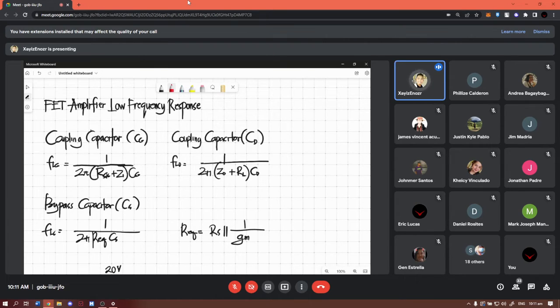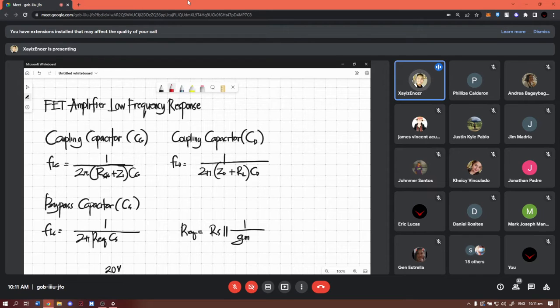To find the low frequency response for the capacitor at the gate, we have FLG = 1 over 2 pi multiplied by (Rsig plus Zin), where Zin is the input impedance, multiplied by CG.